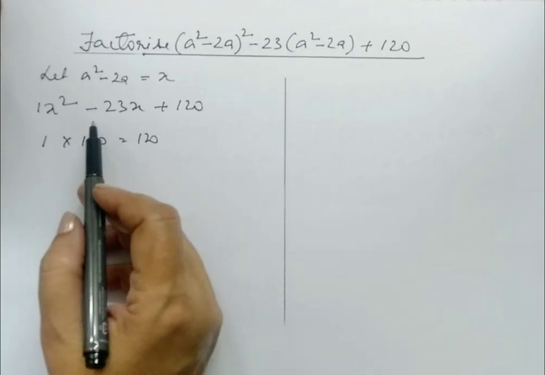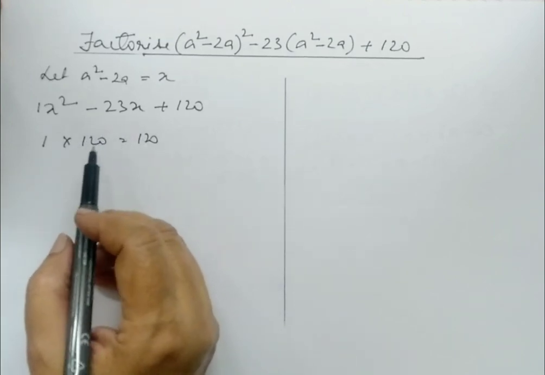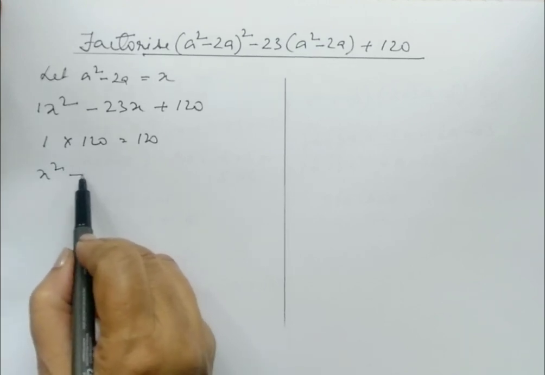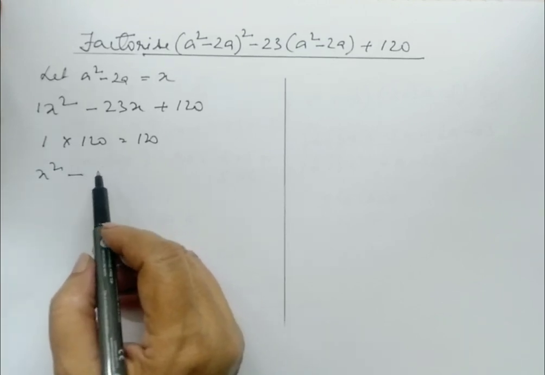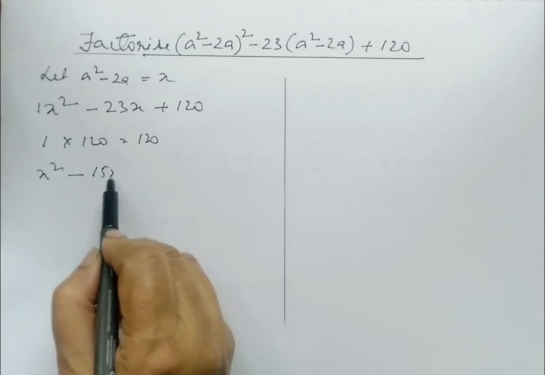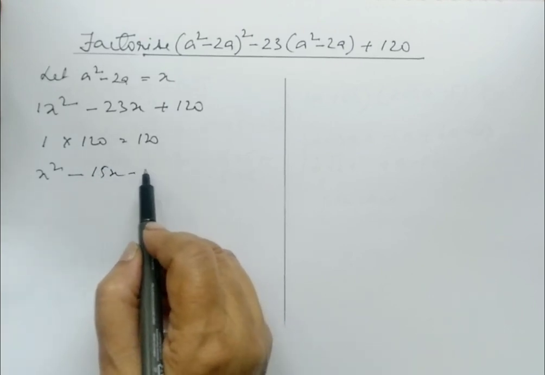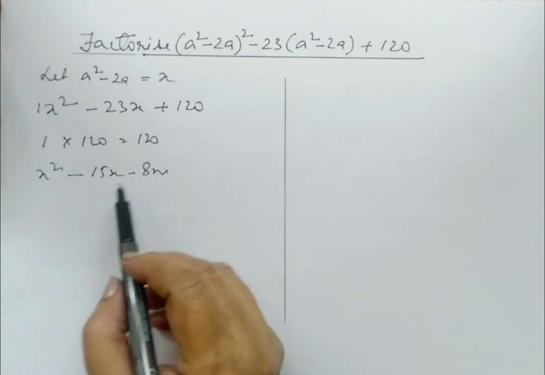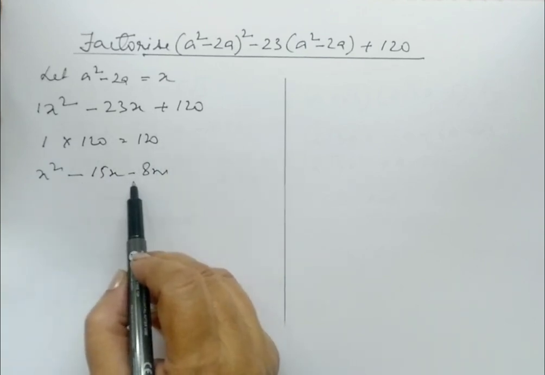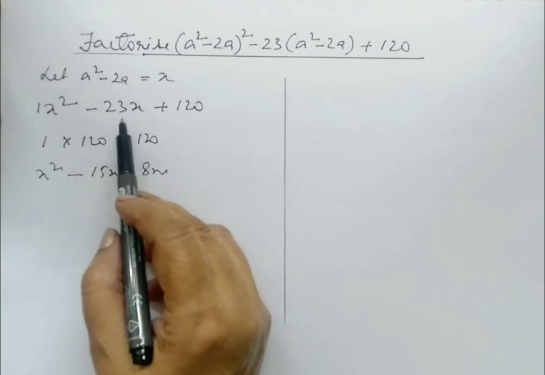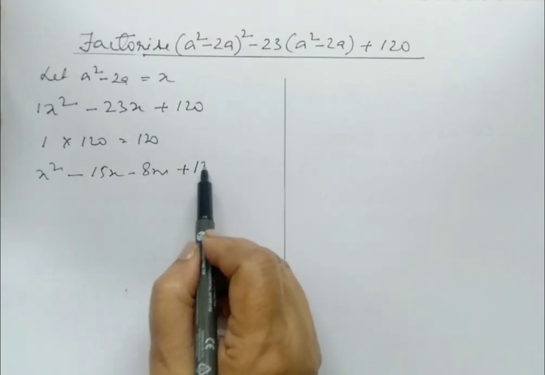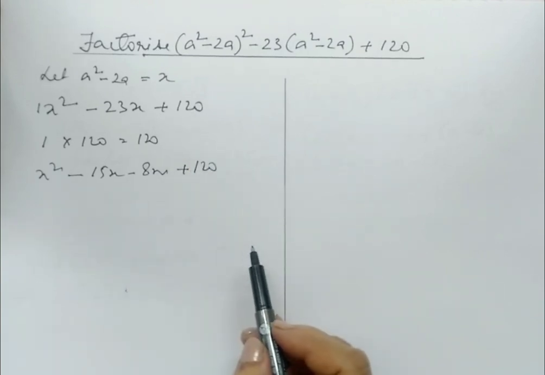So having thought, I feel that if we write x square minus 15x minus 8x, do we not get 23? And also minus and minus adds up to give me a minus 23x. And this is to be written the way it is, correct?